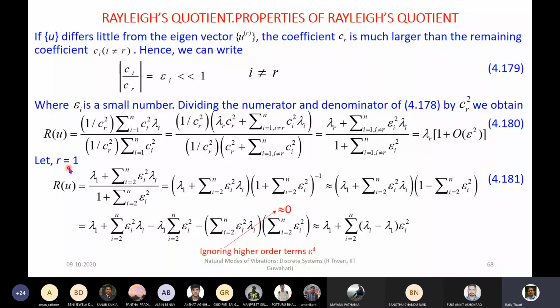So Rayleigh's quotient can be written as lambda 1, r is equal to 1 is there, plus here I will be from 2 to n because r is 1, so the remaining n minus 1 terms will be here. Similarly, in the denominator, 1 plus these remaining terms. Here there is no r, so this will be I is equal to 2 to n.